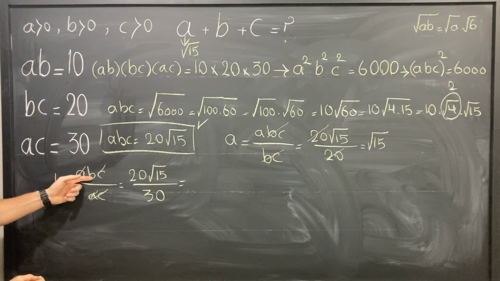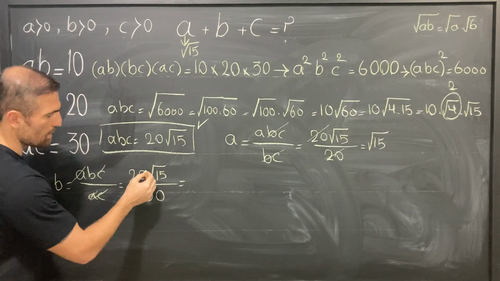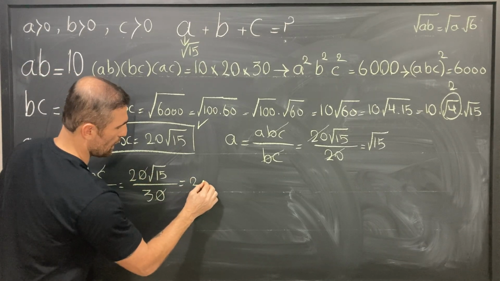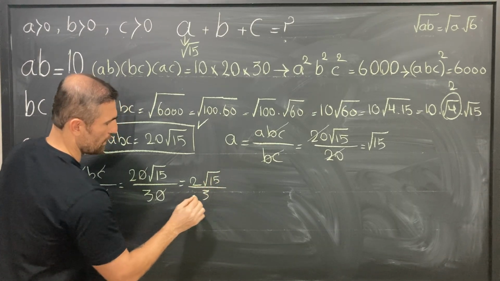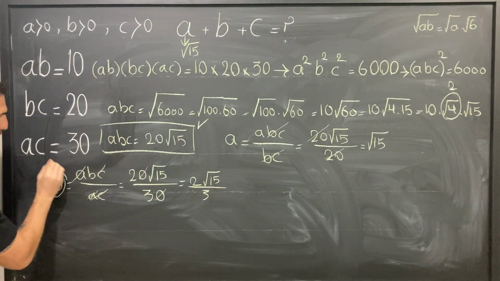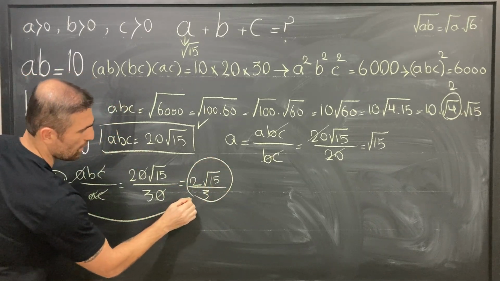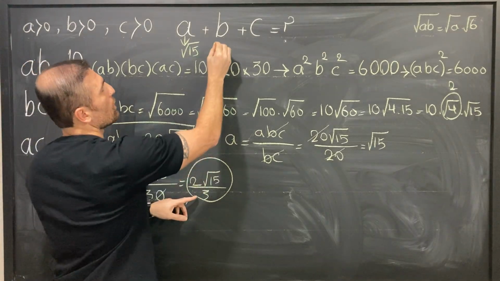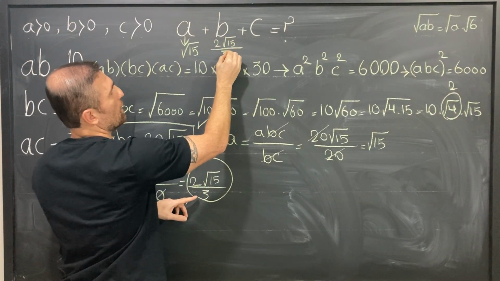So b equals 20 square root of 15 over 30. This zero cancels off. It is going to be 2 square root of 15 over 3. So the value of b is 2 square root of 15 over 3. Let me write it here.